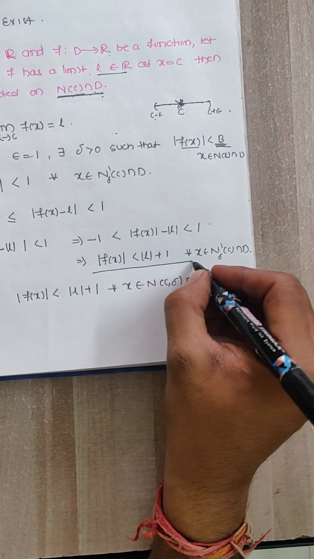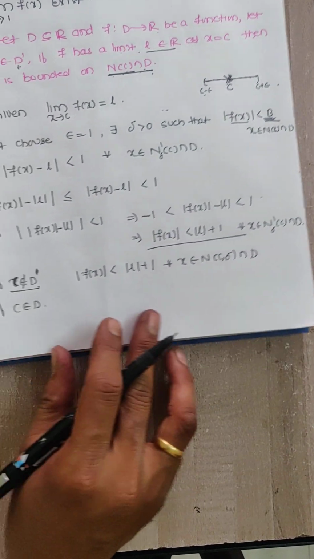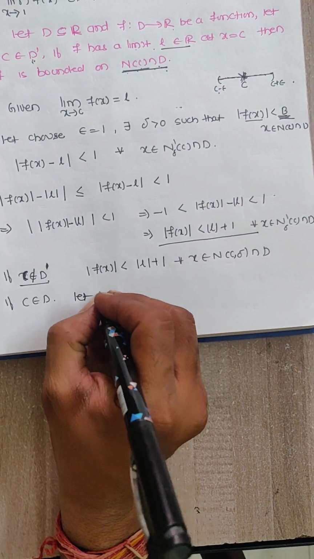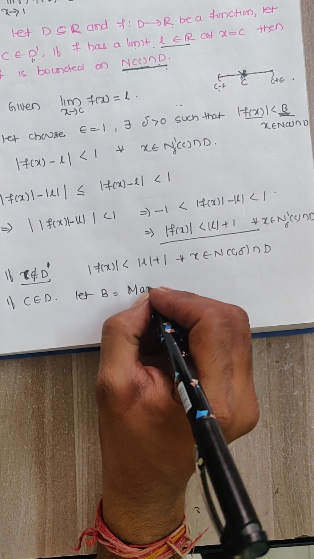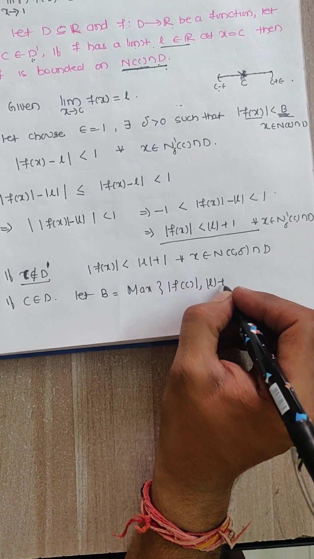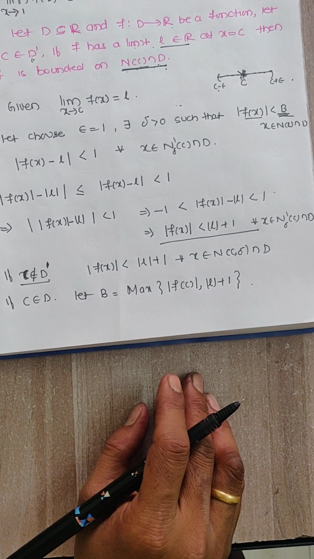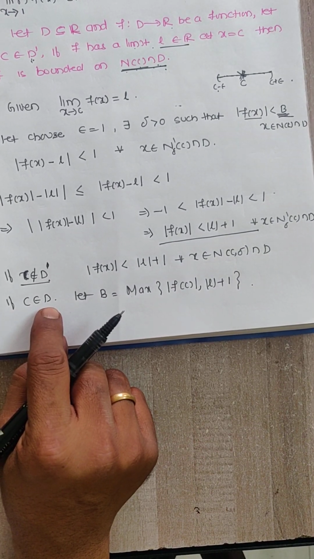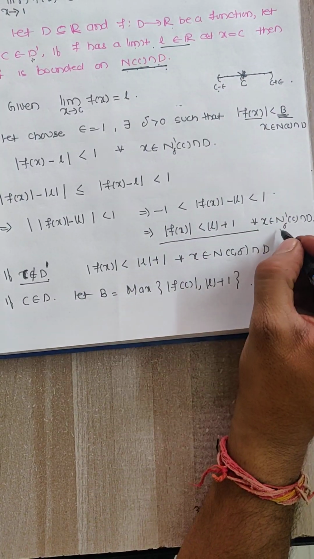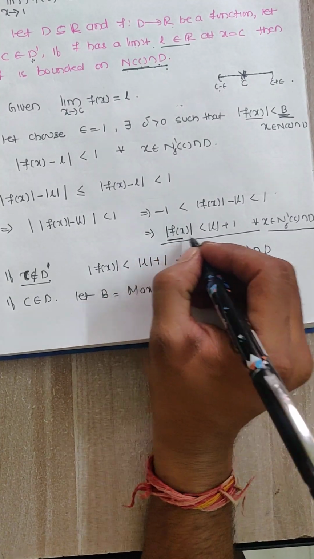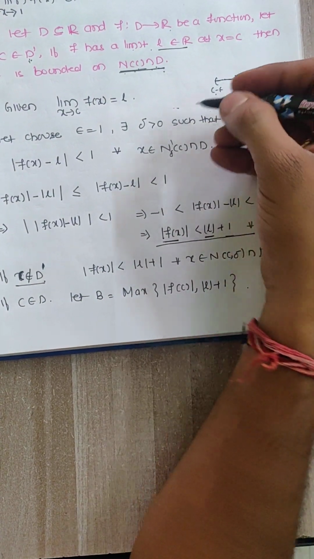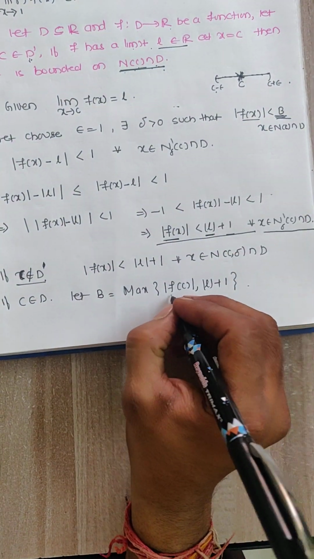If C belongs to D, then let B be equal to the maximum of mod of f(C) and mod L plus 1. If C belongs to D, that means f(C) is defined and exists. Everywhere except at C, the value of the function is less than mod L plus 1, and at the one point C the function value is f(C).